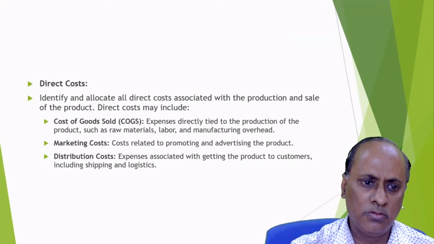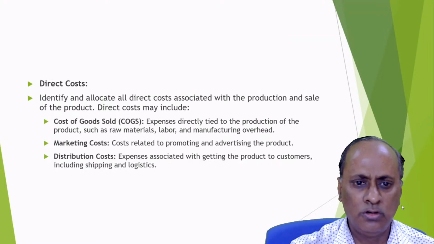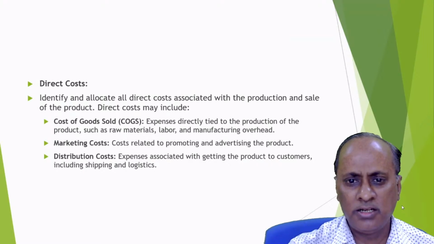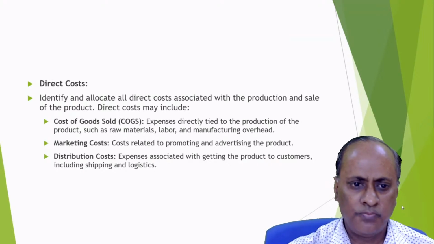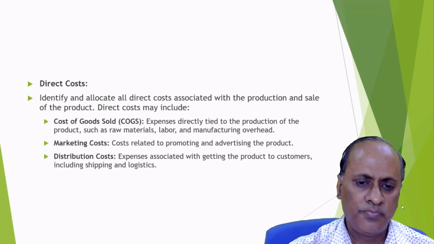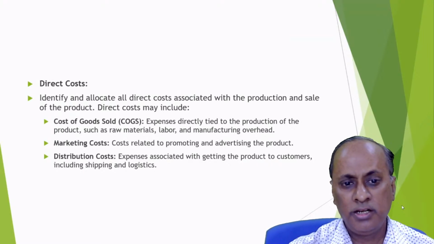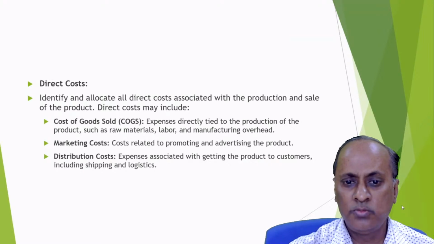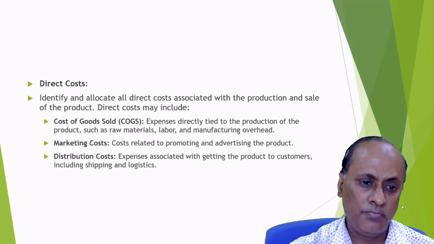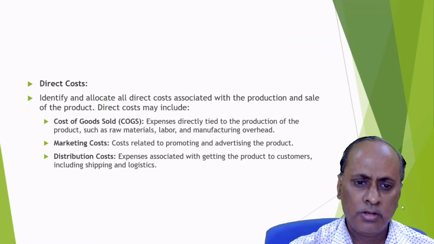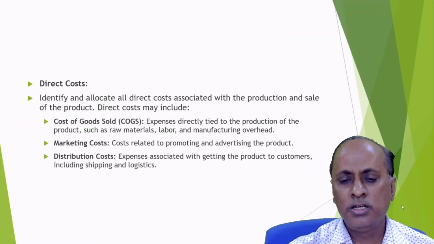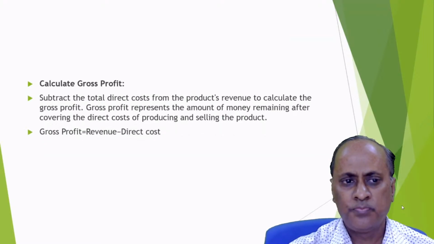Direct costs may include cost of goods sold, expenses directly tied to the production of the product, such as raw materials, labor, and manufacturing overhead. Marketing cost, costs related to promoting and advertising the product. Distribution cost, expenses associated with getting the product to the customers, including shipping and logistics.